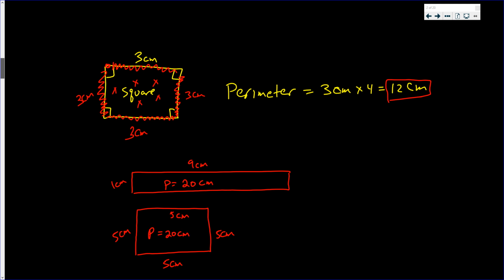However, this area, the amount of space in here is much more than the area in here. But it's still the same perimeter. Perimeter does not really influence the area. The area does not influence the perimeter.